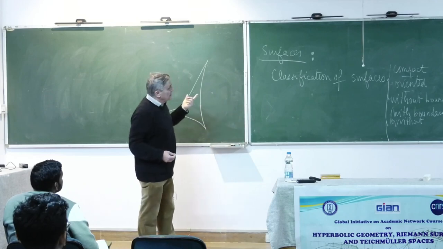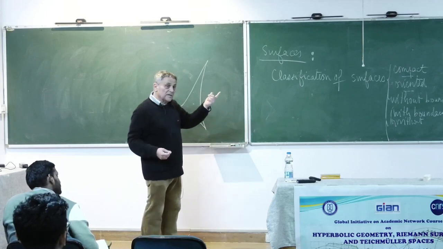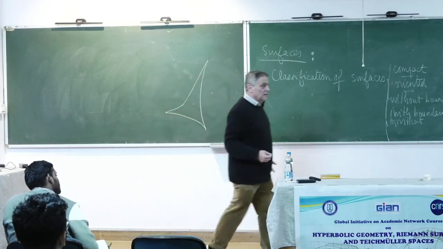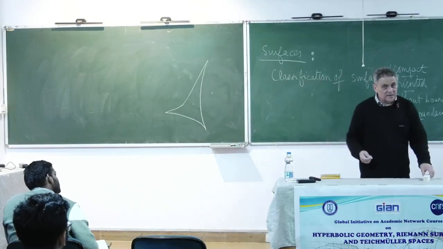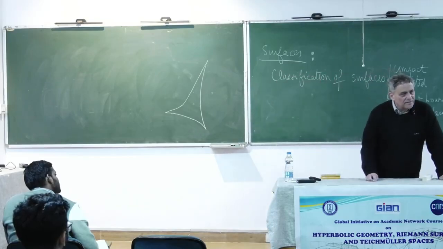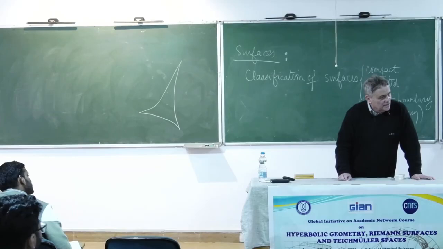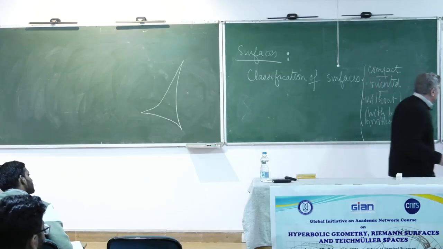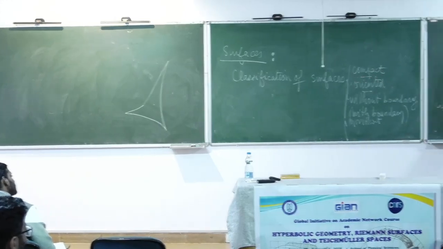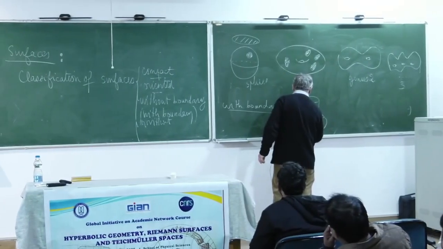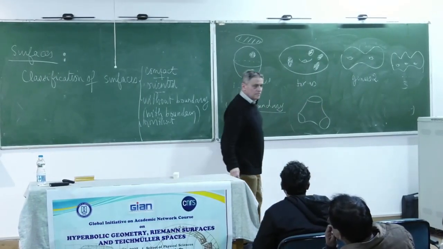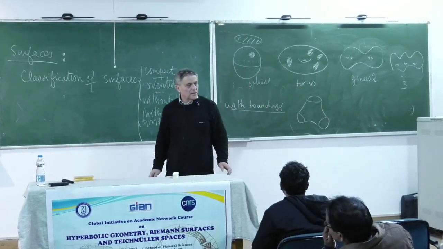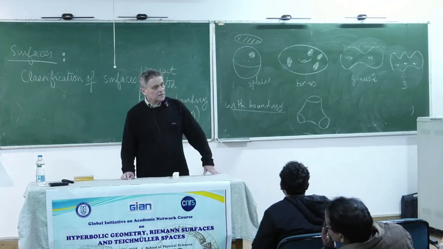and I will get a sphere with what? I will get a sphere with 3 punctures if I do the gluing in the correct way. Can I get something like this by gluing two ideal triangles?